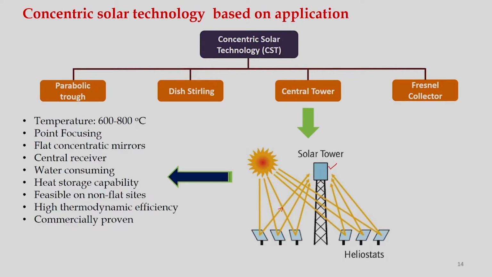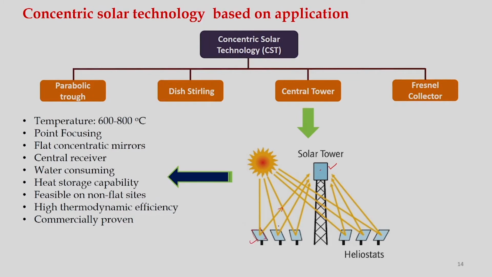So, very high temperature will be attained here, and then that has to be carried by using some kind of arrangement we will discuss. So, in this kind of arrangement, temperature can go up to a value of 800 degree Celsius, okay. Of course, it uses a point focusing device, and also as you can see, these are flat concentric mirrors, okay. These are flat concentric mirrors used.